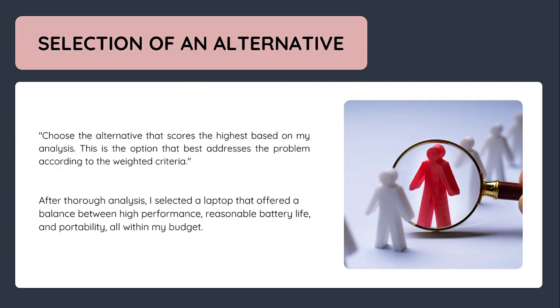The next step is the selection of an alternative, choosing the alternative that scores the highest based on my analysis. This is the option that best addresses the problem according to the weighted criteria. After analyzing, I selected a laptop that offers a balance between high performance and reasonable battery life, all within my budget.